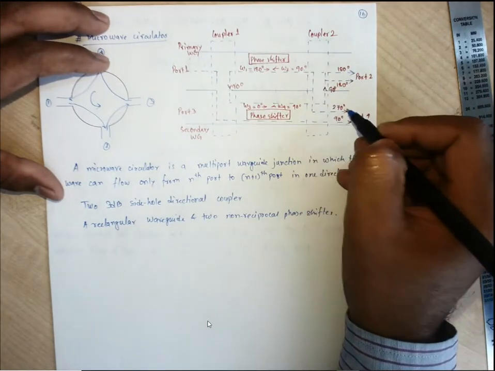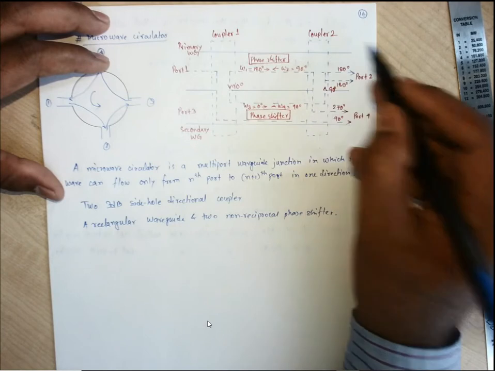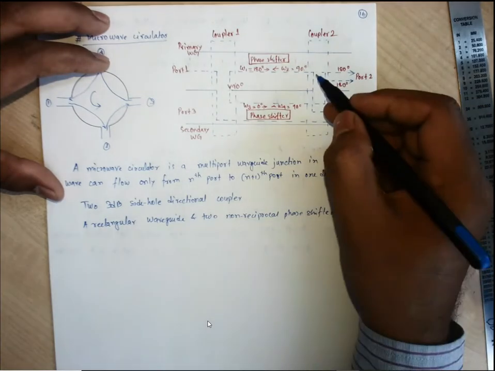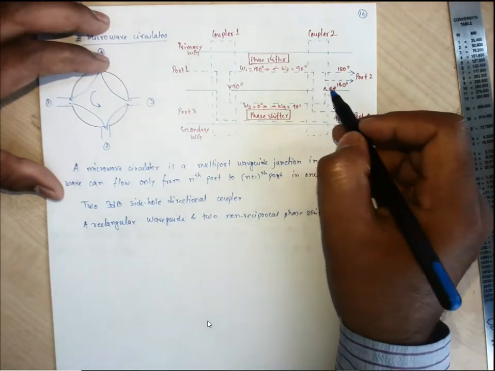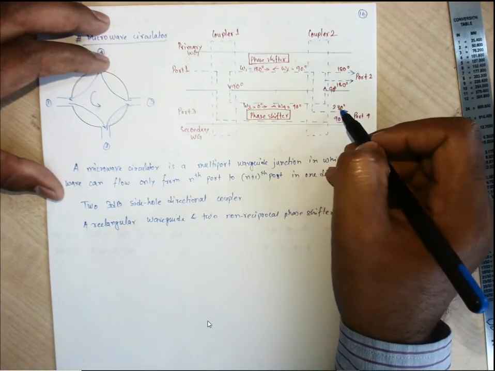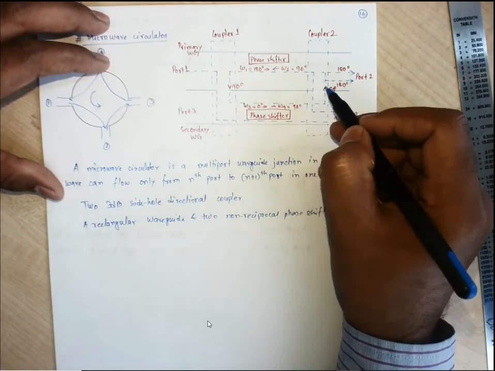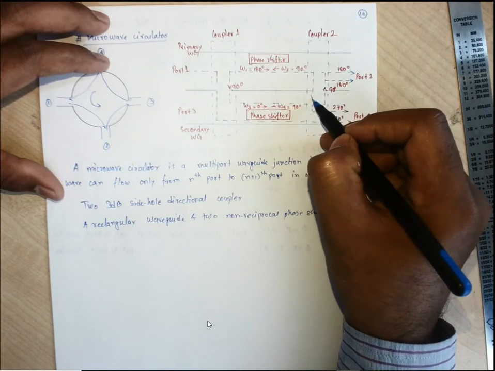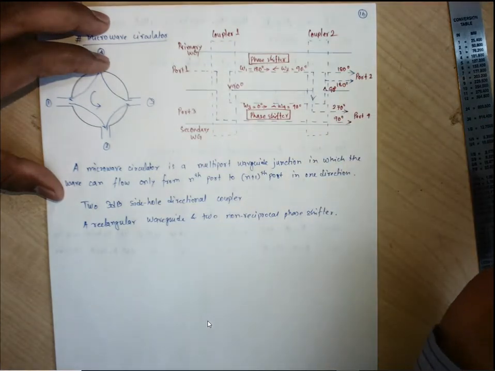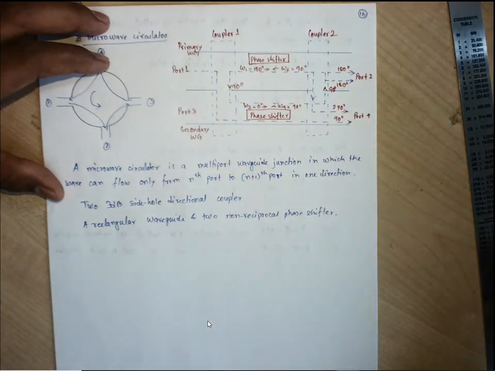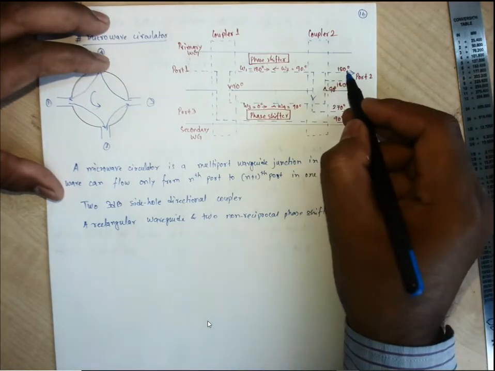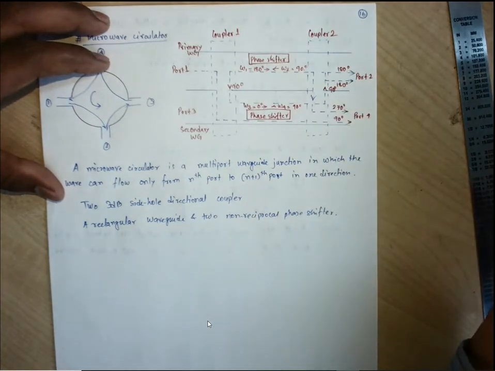But when it comes out of the coupled port of coupler 2, a 90 degree phase shift gets added. So here it is 180 degree plus 90. Here while it is going down, it will again add a phase shift of 90 degree. So altogether it has 270 degree. Okay, so here it is 180, here it is 270.